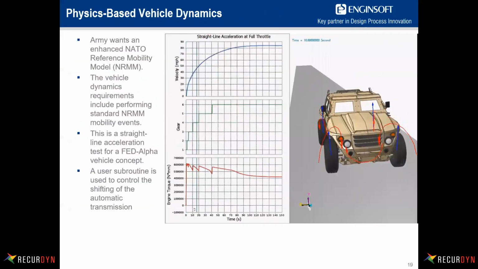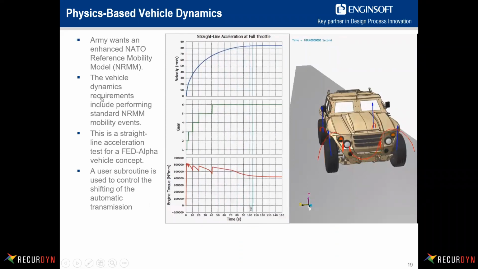Okay, another area for NRMM is physics-based vehicle dynamics. And so here we're looking at an example of a wheeled vehicle. This is called the FEV vehicle, or FED, sorry. And it's a fuel efficiency demonstrator. So it's doing some special things with hybrid technology and different things like that.